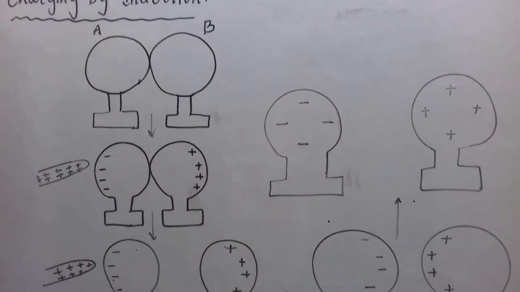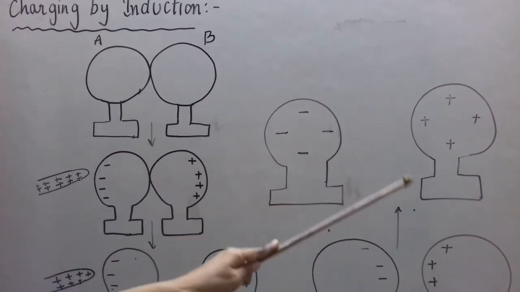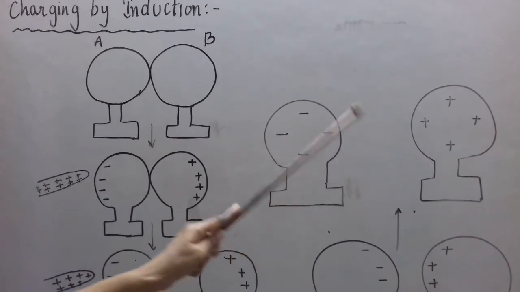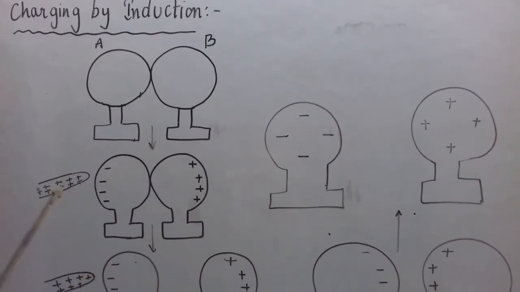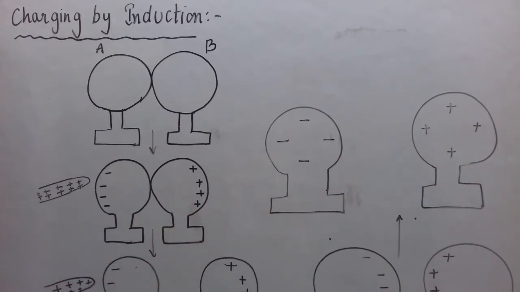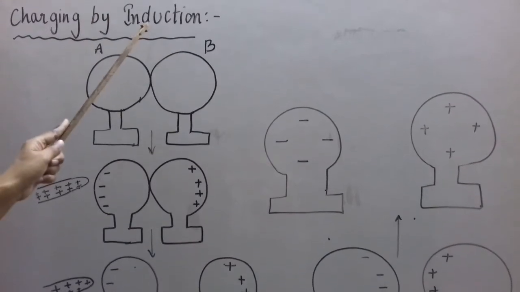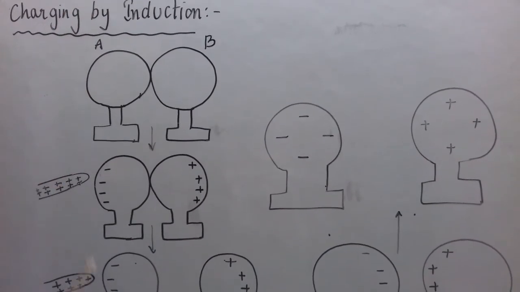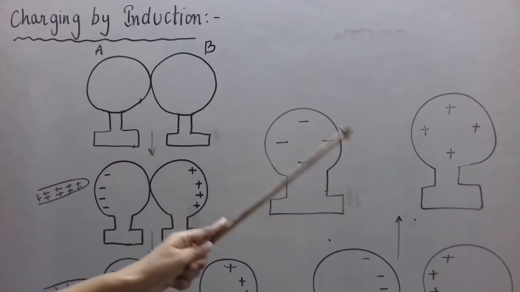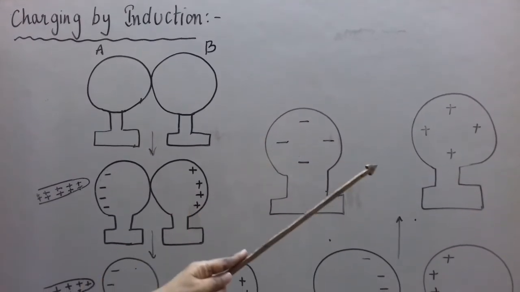So here we can see that we can get two equally and oppositely charged metallic spheres which we have charged without bringing a charged body in contact with them. So this method of charging is called charging by induction. In this method, we are able to charge two metal spheres equally and oppositely.